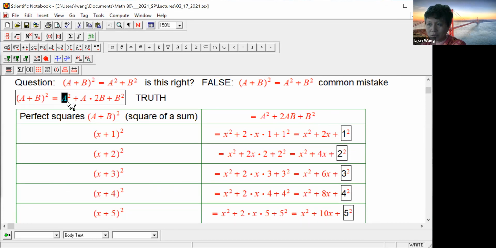X squared, if A is X, this is X. You can see that. X, X, A, A. So this is 2b, and that's B. Do you guys see that? So this pattern we just identified works forever. It's because of this formula.